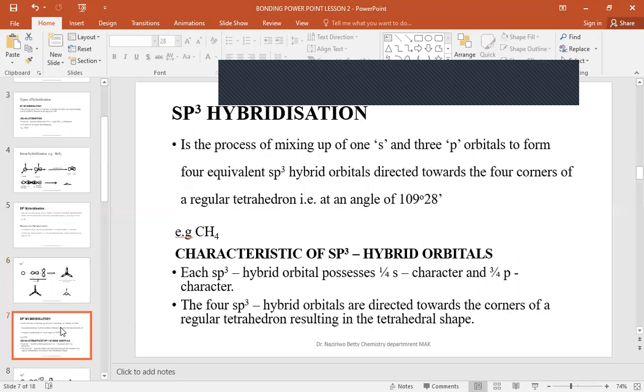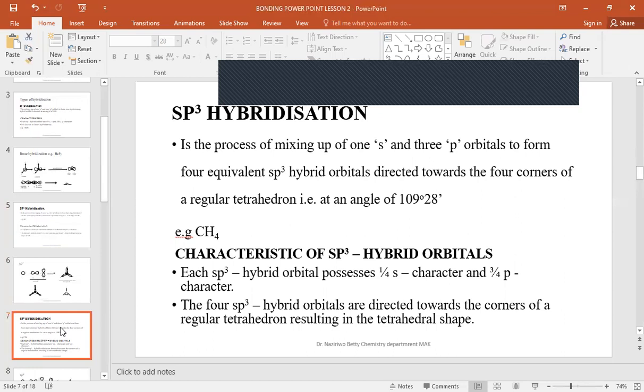sp3 hybridization is the process of mixing up one s and three p orbitals to form four equivalent sp3 hybrid orbitals directed towards the four corners of a regular tetrahedron at an angle of 109 degrees. An example is methane.